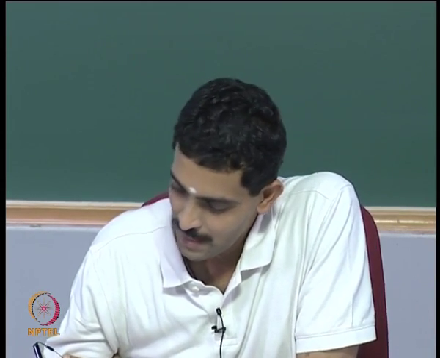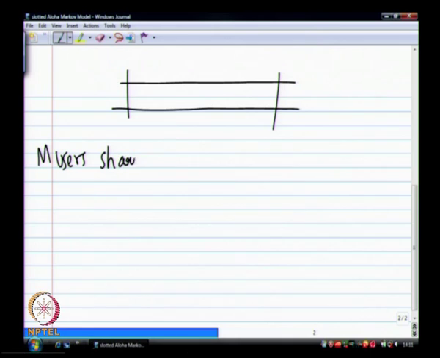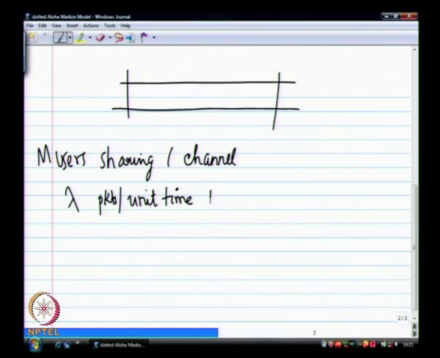So how do you model a TDMA behavior of a particular user? So the system description is as follows: I have m users sharing one channel, and each user generates lambda packets per unit time, per user, and this is broken down into slots.